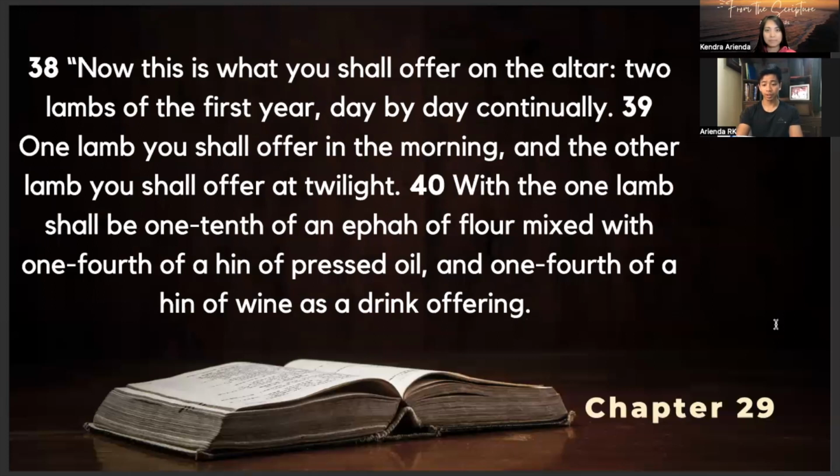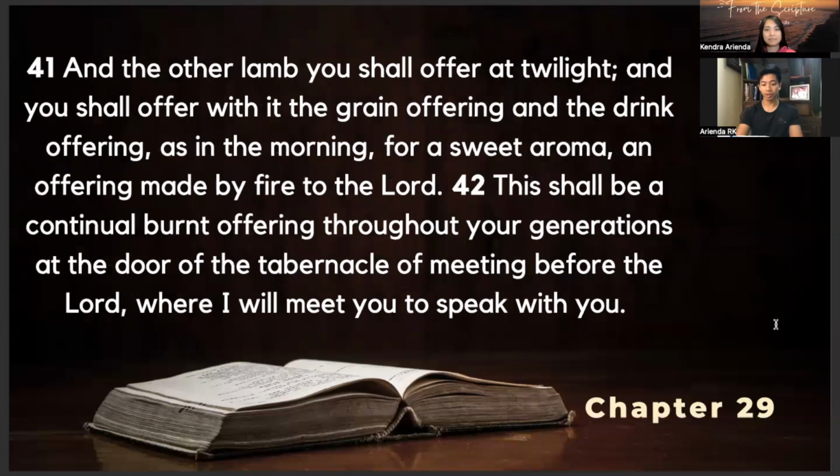With the 1 lamb shall be 1/10 of an ephah of flour mixed with 1/4 of a hin of pressed oil, and 1/4 of a hin of wine as a drink offering. And the other lamb you shall offer at twilight, and you shall offer with it the grain offering and the drink offering, as in the morning, for a sweet aroma, an offering made by fire to the Lord.